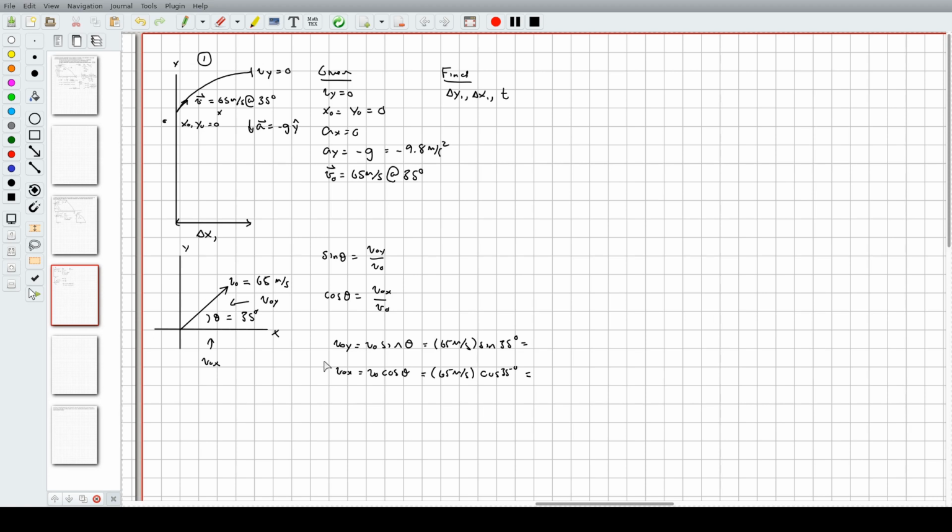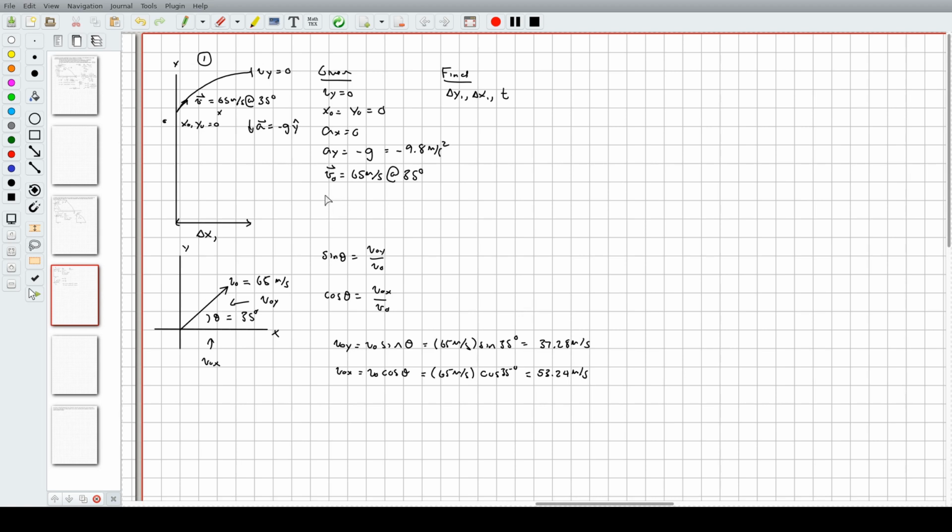There we go. 65 times sine of 35 is 37.28 meters per second. 65 times cosine of 35 is 53.24. So there's our initial velocity at x and y.